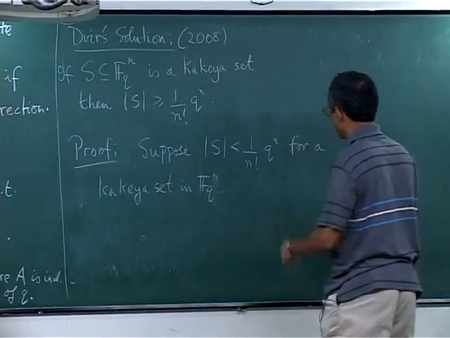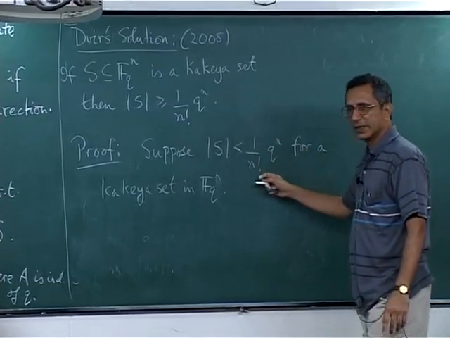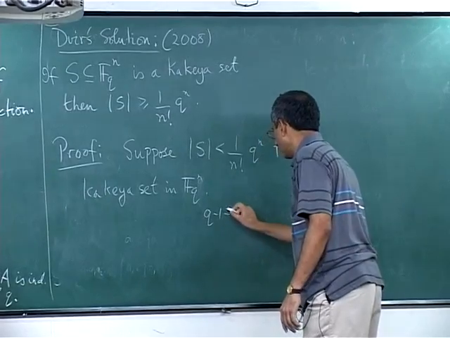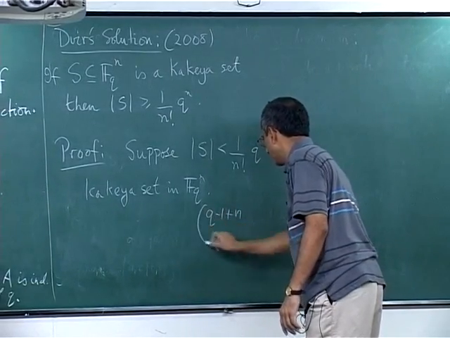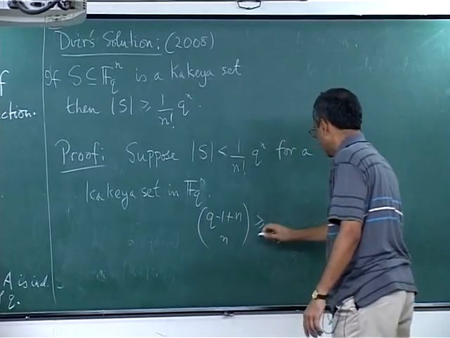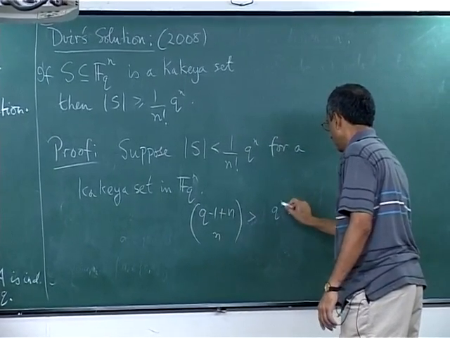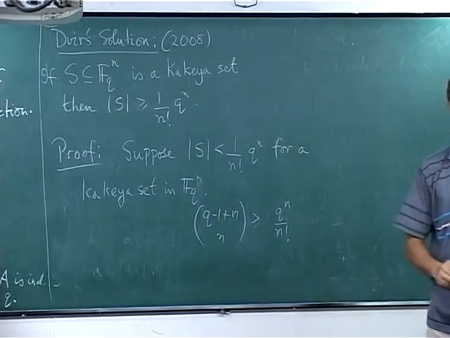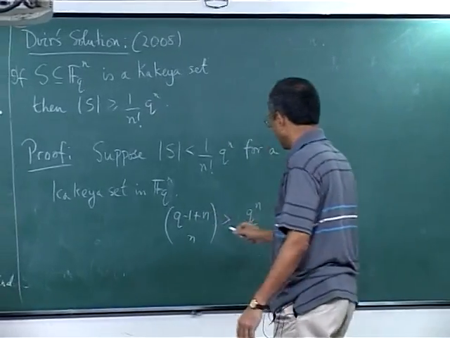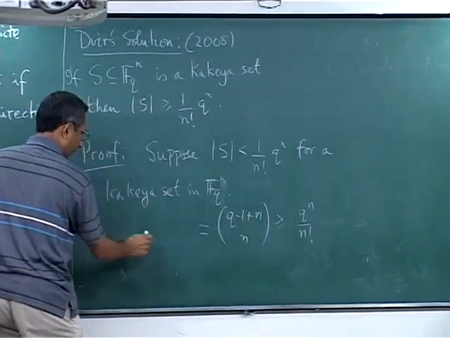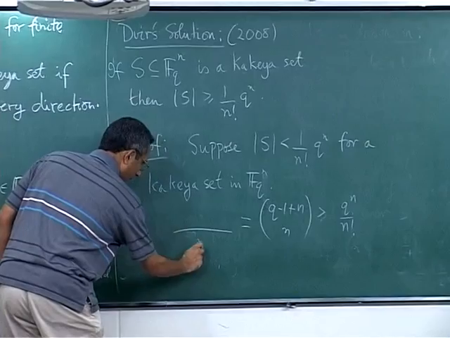There's one small thing we need to note about this. That is, q minus 1 plus n choose n is greater than q power n by n factorial. Why is that the case? We have already seen something like this, no? You have n factorial in the denominator.